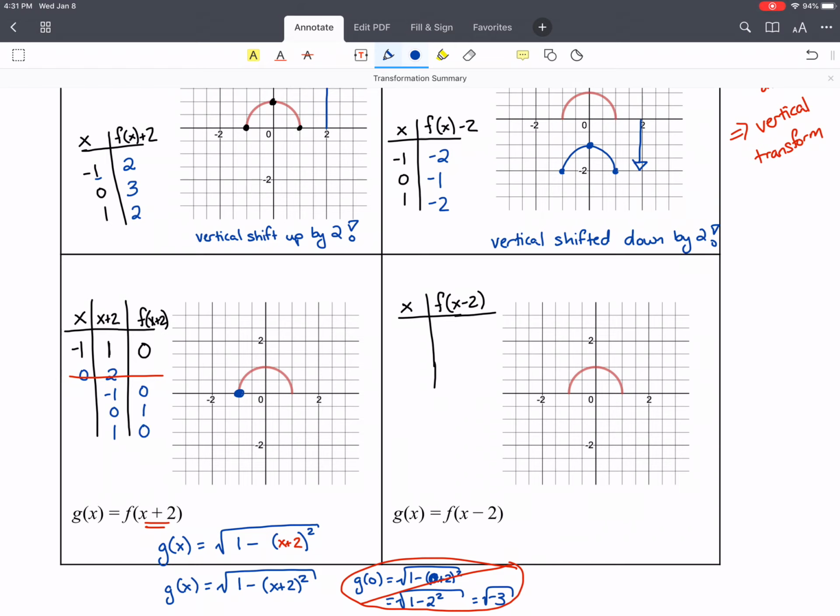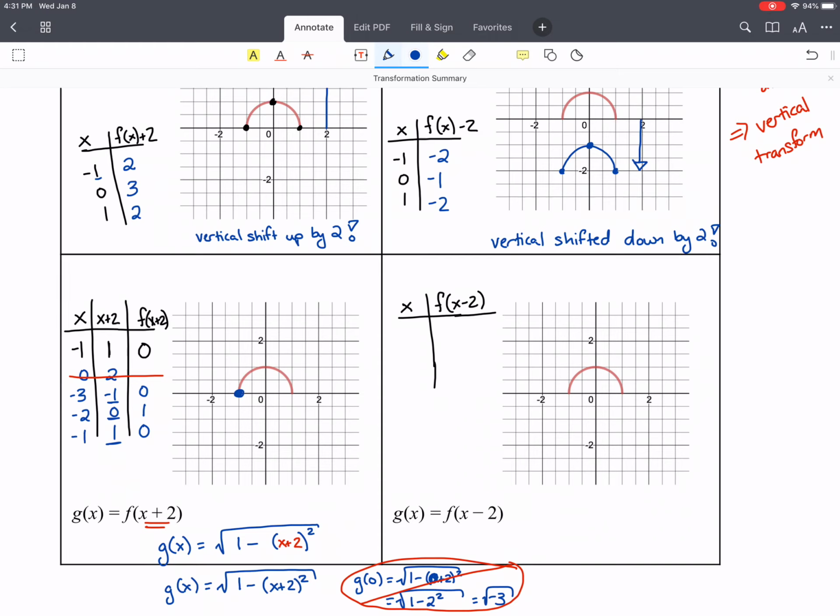So the question is, what x values correspond so that when I add 2, I get negative 1, or when I add 2, I get 0, or when I add 2, I get 1. So the x value that I can add 2 to get negative 1 is negative 3. The x value I can add 2 to get 0 is negative 2. And as we've already seen, the x value I can add 2 to get 1 is negative 1.